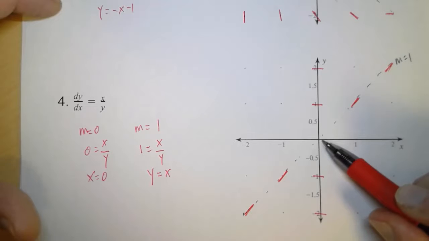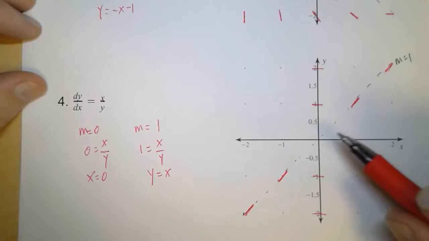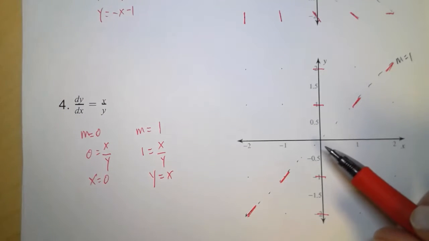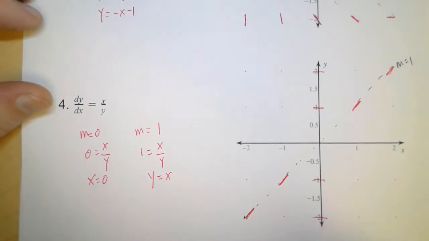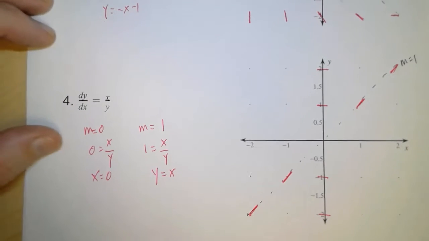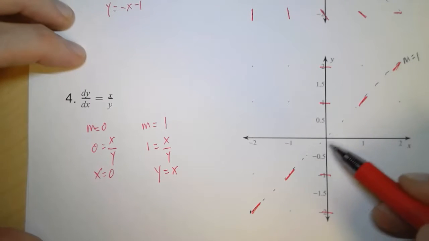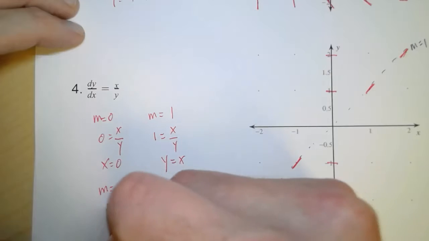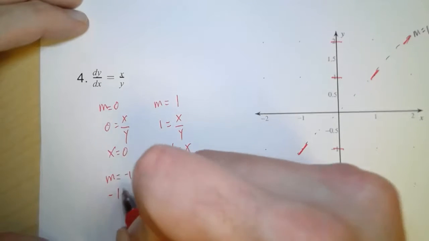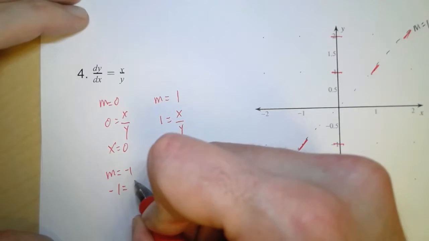Now notice I don't include the origin. And if you think about it, at the origin both x and y are 0. Well, that means the slope should be 0 over 0. That's undefined. And so because it's undefined, we sort of keep a hands-off approach and we don't draw the slope at that point. So let's try -1. So -1 equals x over y.